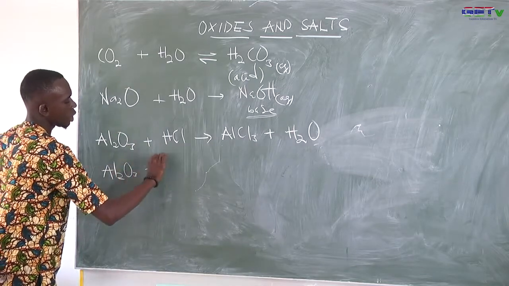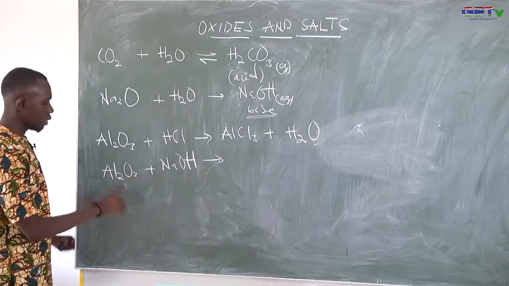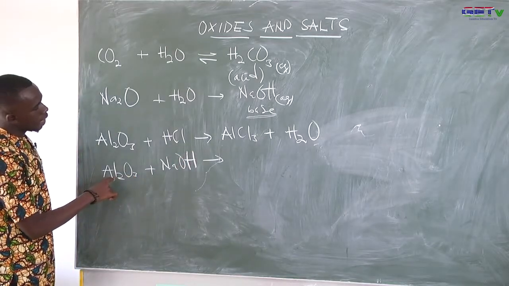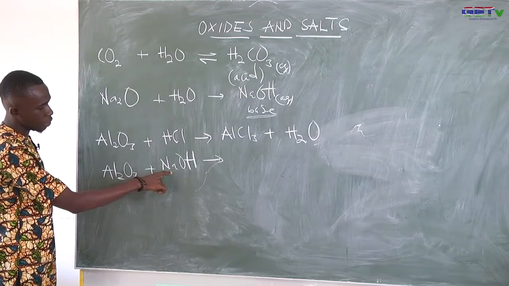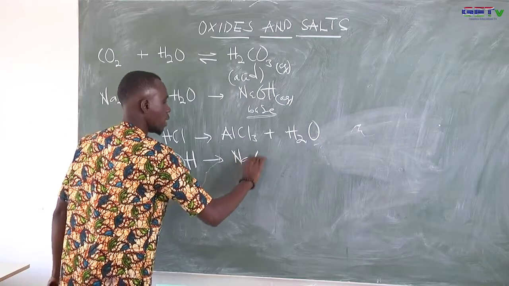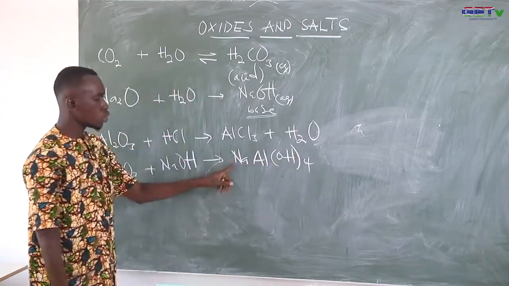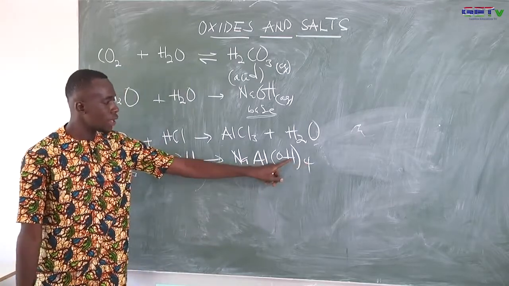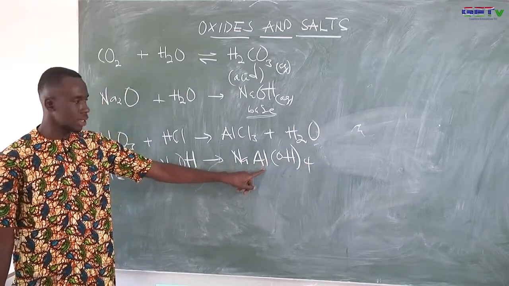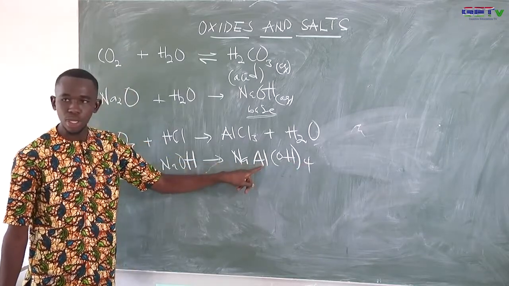Now Al2O3 reacting with a base. So here the amphoteric oxide is reacting with sodium hydroxide, and now it will form NaAl(OH)4, sodium tetrahydroxyaluminate(III).